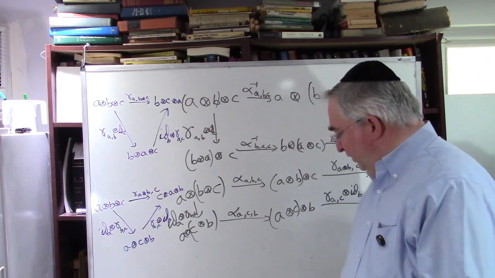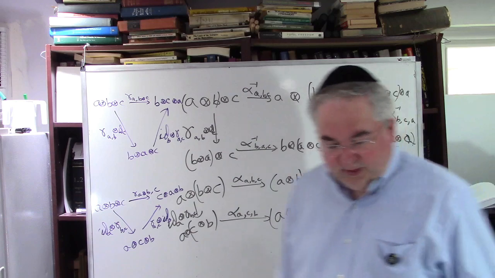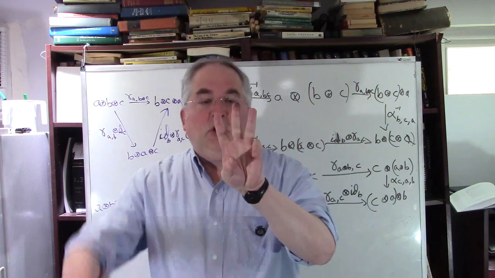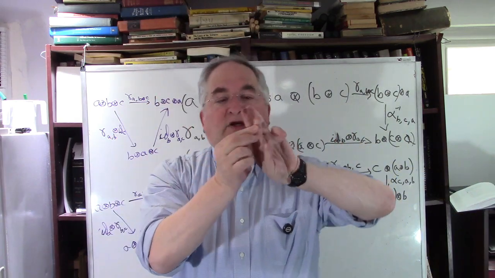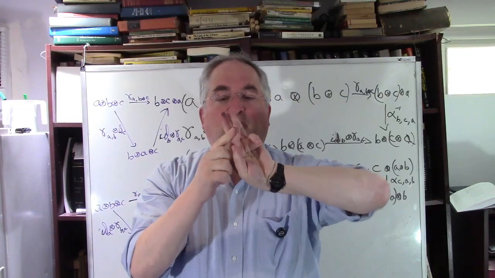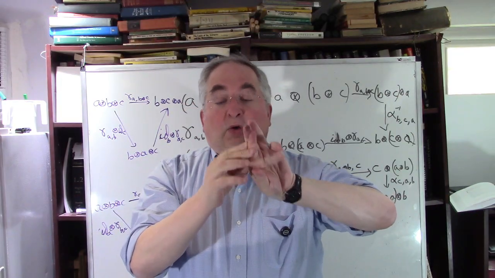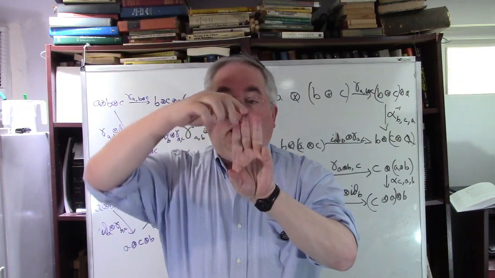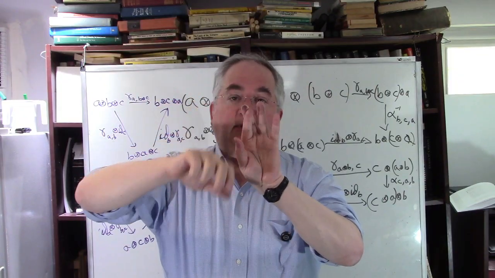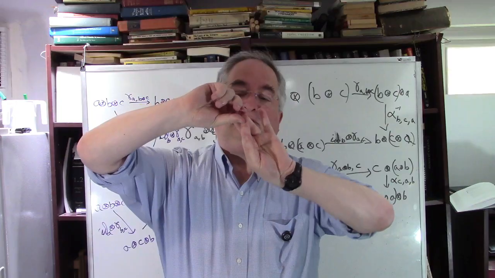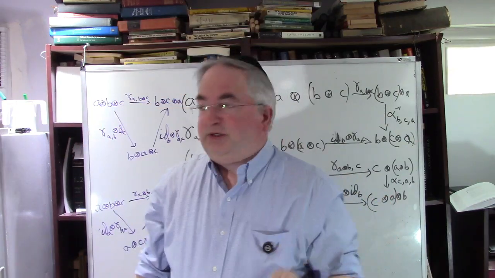I can cross these two objects with this one object. Or that's the same thing as crossing this object with this object, and then crossing this object with this object.